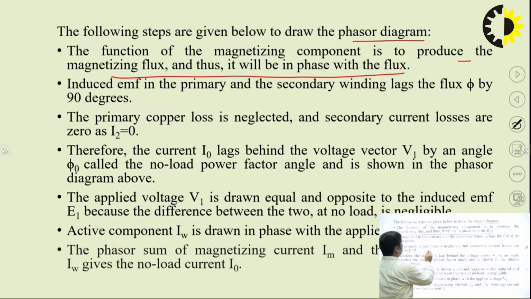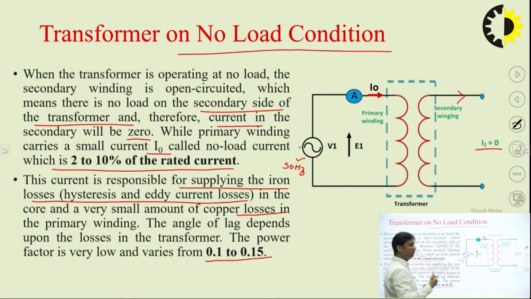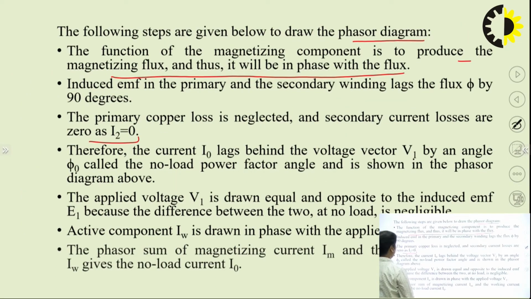The primary copper loss is neglected and the secondary copper loss is zero, because there is no current in the secondary winding. As far as the primary winding is concerned, the current is very low, so we neglect it; there is almost zero copper loss in the primary winding.